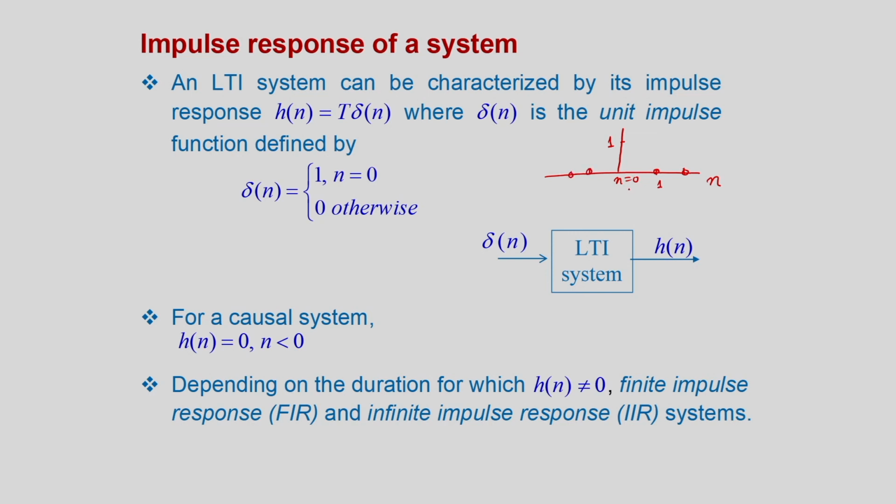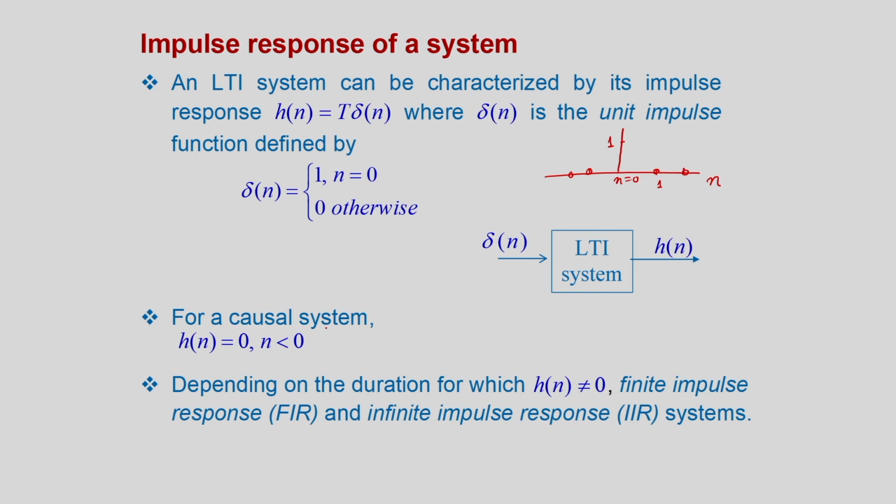So, this is the impulse signal. Now, impulse response is the response due to impulse. Suppose there is an LTI system, your input is delta[n] and the corresponding output is called the impulse response and it is denoted by h[n].